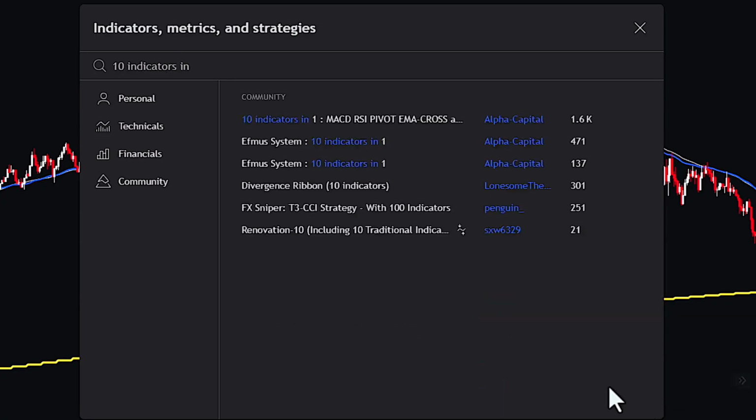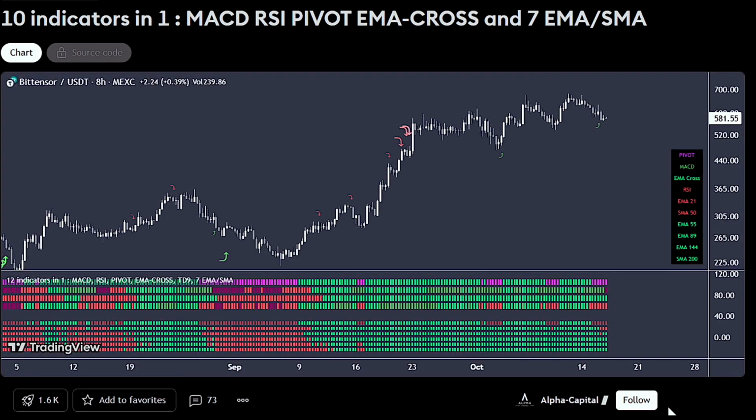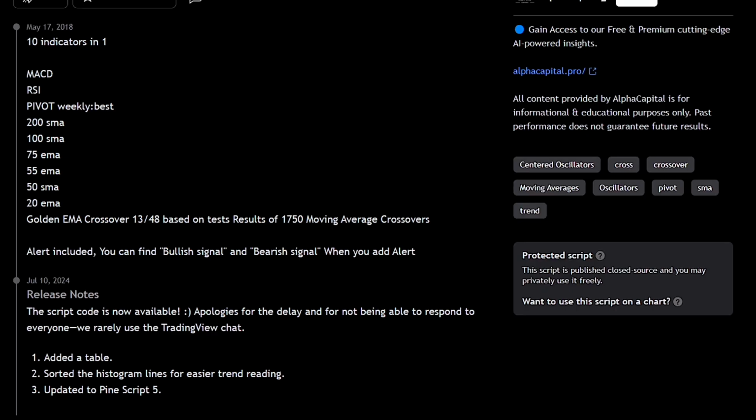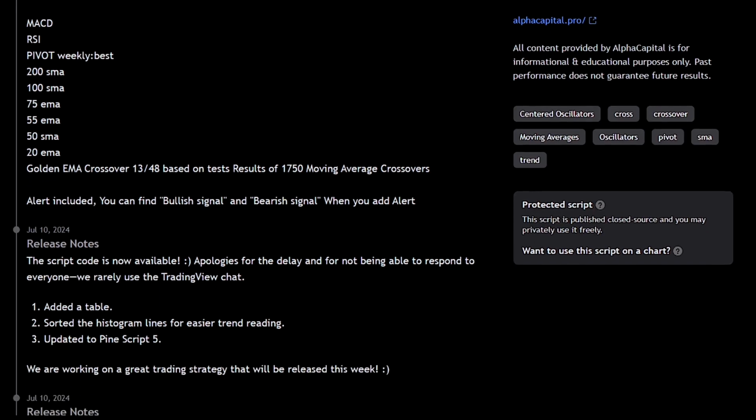Once you find it in the results, click to add it to your chart. This powerful tool comes packed with some heavy-hitting indicators, including MACD, pivot weekly, and a whole bunch of moving averages like SMA 200, SMA 100, SMA 55, SMA 75, EMA 55, EMA 50, moving average 200, EMA 200, and even a golden EMA crossover.